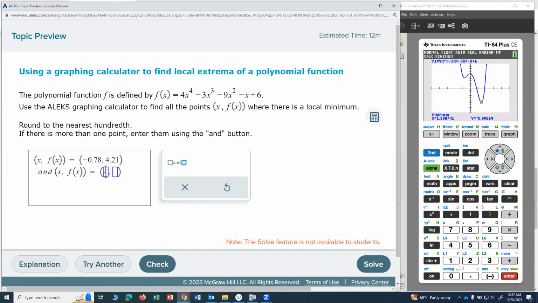And so my second minimum is 1.40 for the X. Make sure you're rounding correctly to 2 decimal points. And negative 5.91 for the Y. Now, if I were asked for a local maximum, I would do this process, but when I go to the second trace menu, I would select maximum and I would do a left bound and a right bound on the maximum.